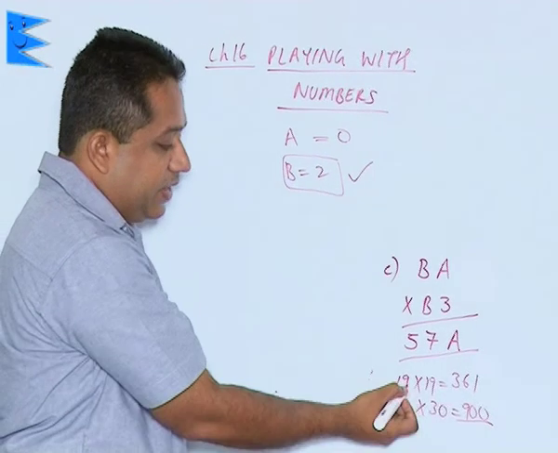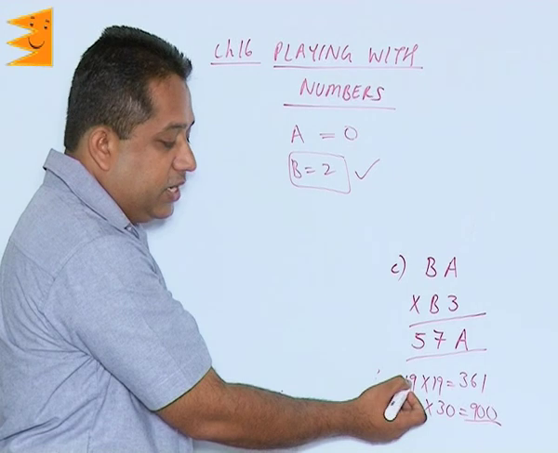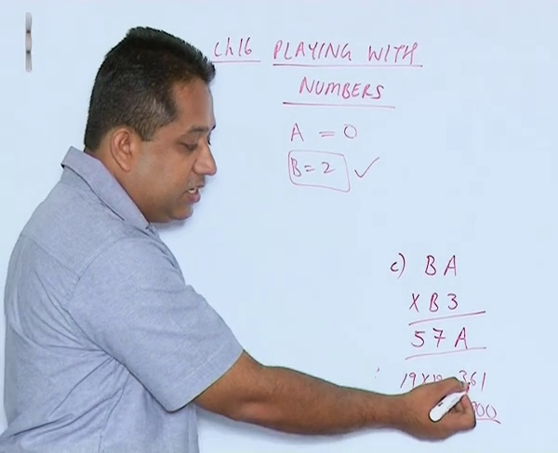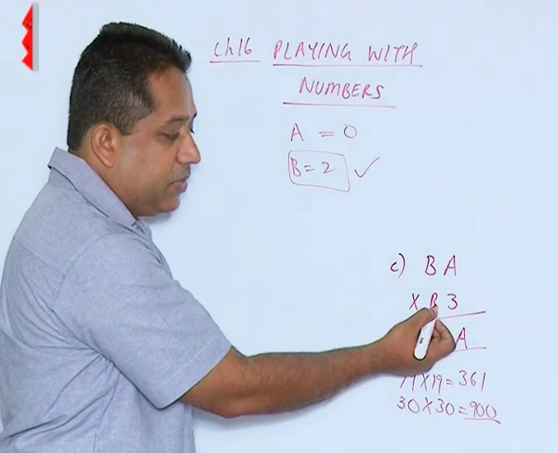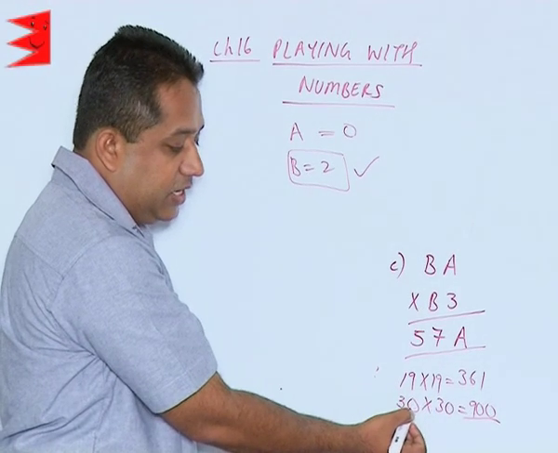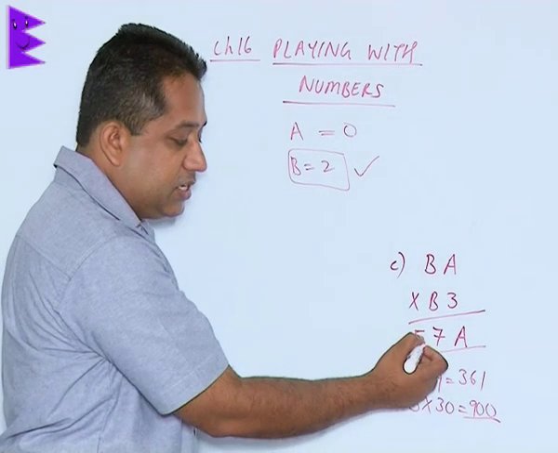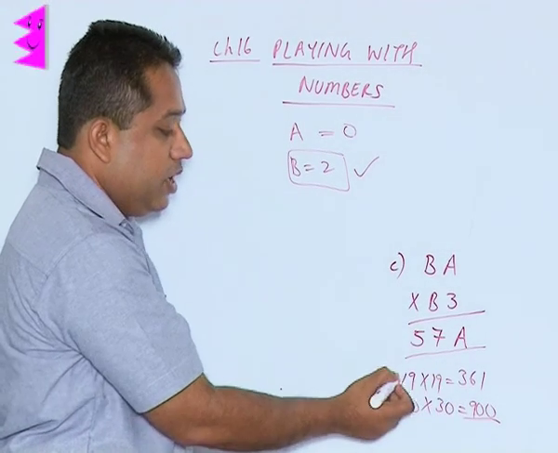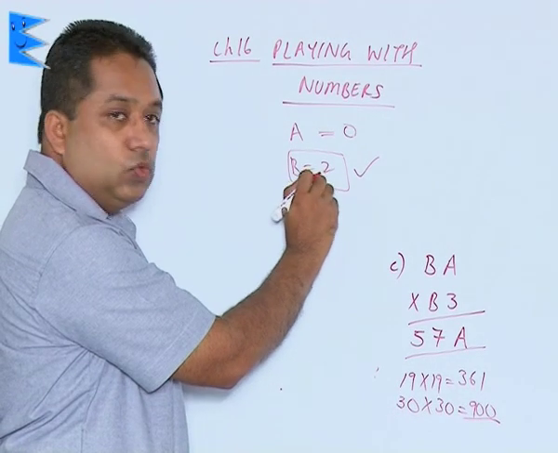The reason is that if we took B as 1, the highest 2-digit number with 1, that is 19 into 19, is 361, which is short of our answer. And if we take the next number B as 3, then 30, which is the lowest number with 3, is giving us 900. That is more than this answer. So, the value of B has to be more than 1, but less than 3. So, we have identified the value of B as 2.